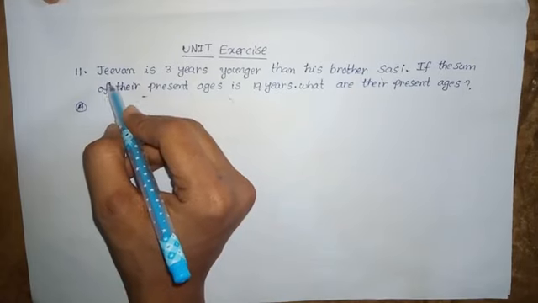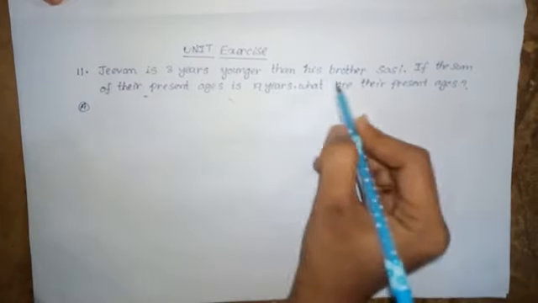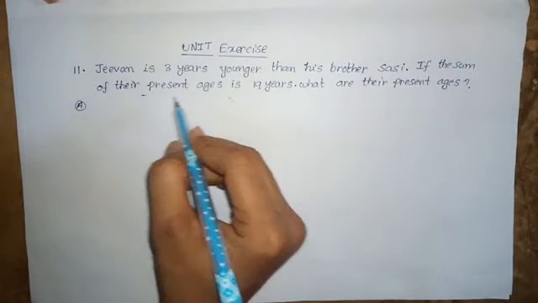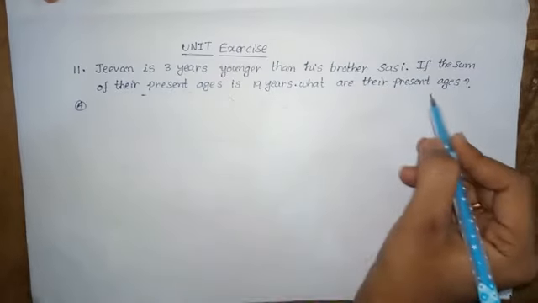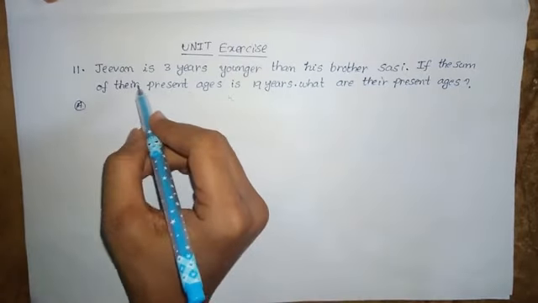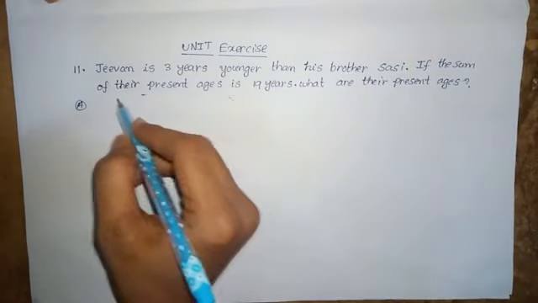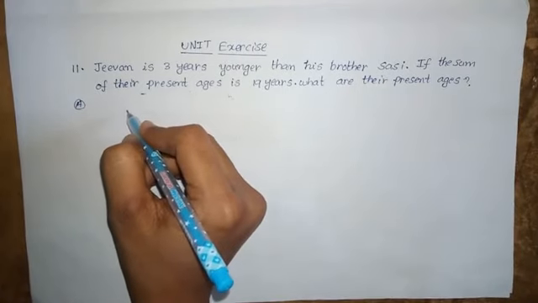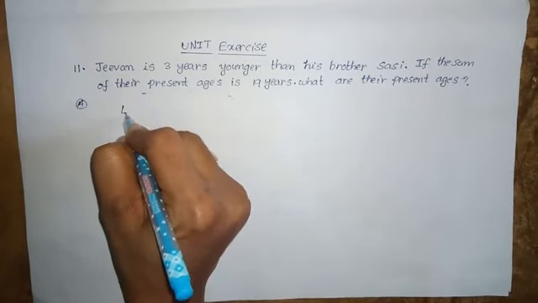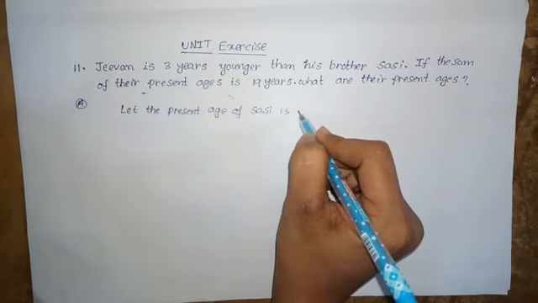Next problem, unit exercise 11th one. Jeevan is 3 years younger than his brother Shashi. If the sum of their present ages is 19 years, what are their present ages? So in the problem, Jeevan's age is compared with Shashi's age. So first consider Shashi's age. So let the present age of Shashi be x years.